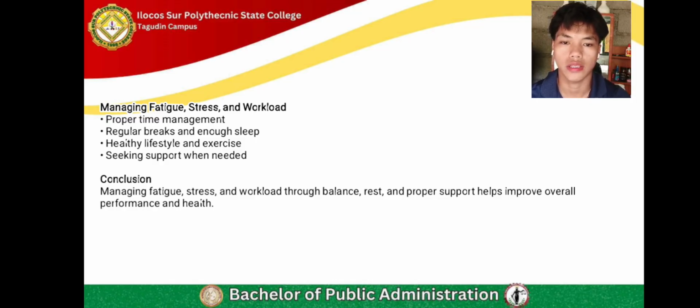Taking care of your body helps you handle stress better. 4. Seeking support when needed. Talking to someone you trust can make challenges feel lighter and easier to manage. For the conclusion, managing fatigue, stress, and workload through balance, rest, and proper support helps improve overall performance and health.